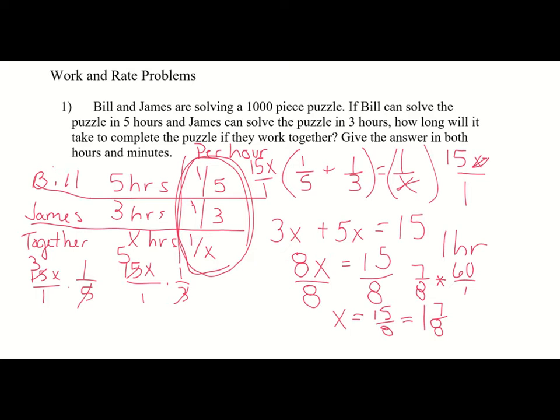So if I do that, 7 times 60 divided by 8 is going to give me 52.5. So our answer is, I'm going to put it in blue here, 1 hour and 52.5 minutes.